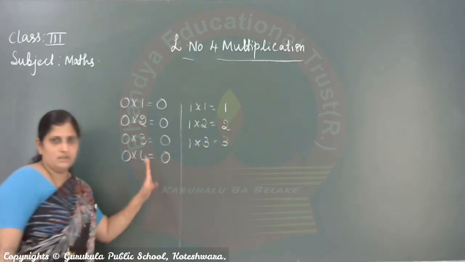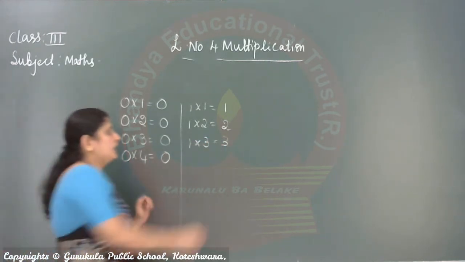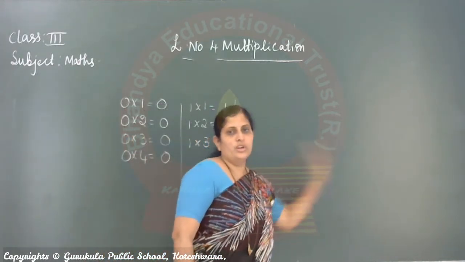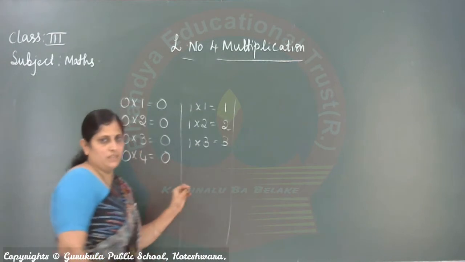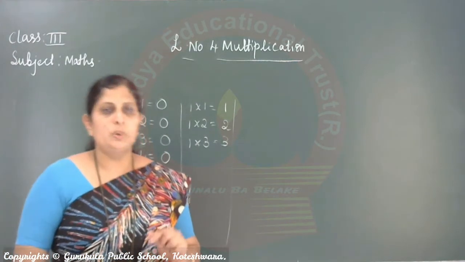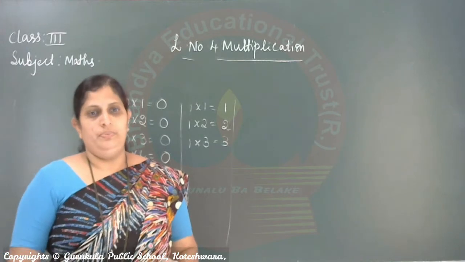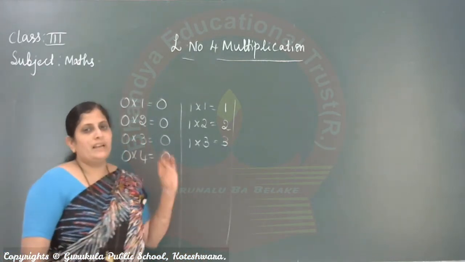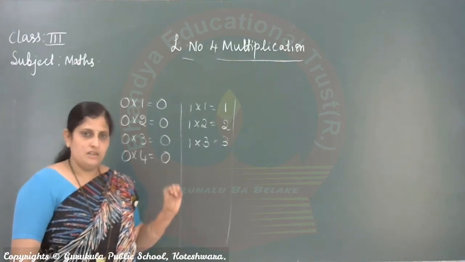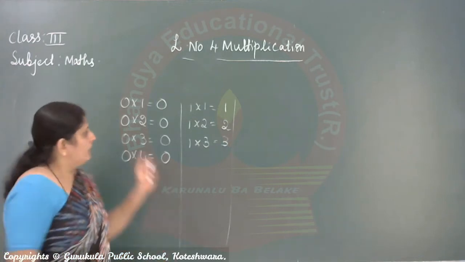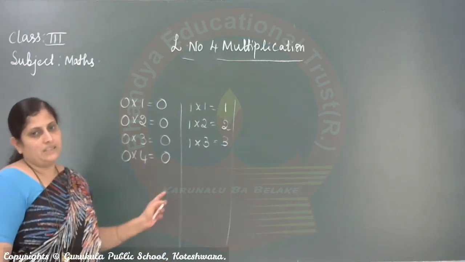In this way. Next, table of 2, 3, 4 like this. Yes, you know the other tables now. So in this way you have to write starting from 0 till 15. Everyone must write in classwork first, before starting this chapter.